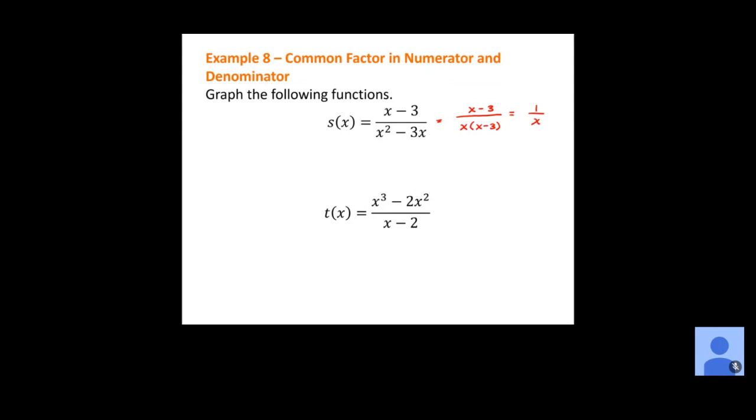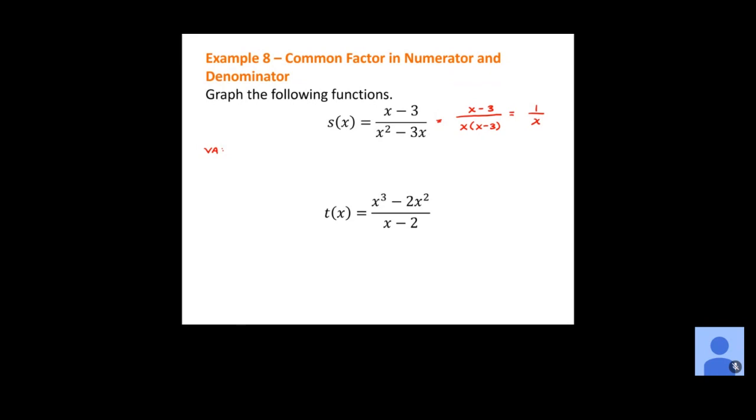Now, if we're looking for our vertical asymptotes then, how would you find vertical asymptotes for this function? Think about what we did on those previous examples when we were looking for vertical asymptotes.